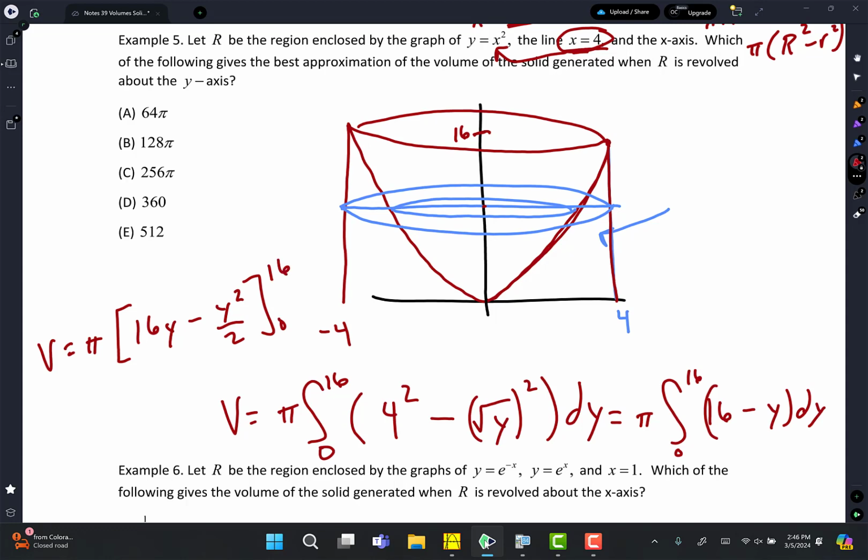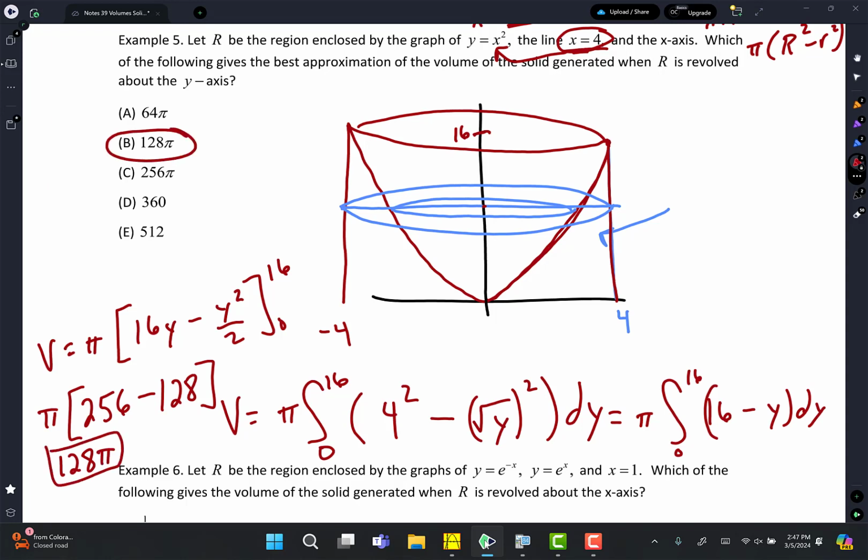Do I have to worry about the 0? Not in this case. Pi, bracket, 16 times 16. Ooh, what is that? 256? 256 minus 16 squared is 256 again, but when I divide it by 2, I want to say that's 128. So 256 minus 128 is 128 with a pi on it. So there it is, 128 with a pi on it.